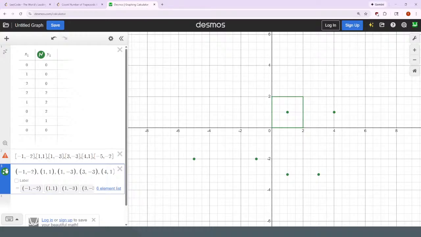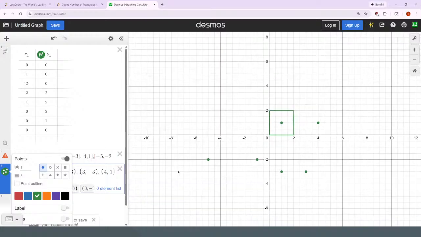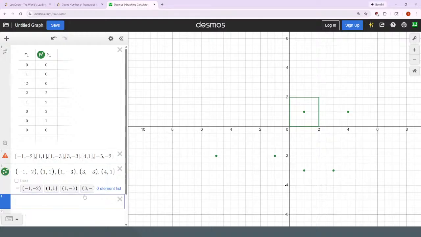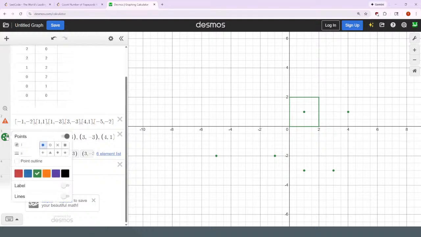Let's go ahead and maybe connect these. Is it possible to connect the dots? Points, lines. I don't know if that was particularly helpful.